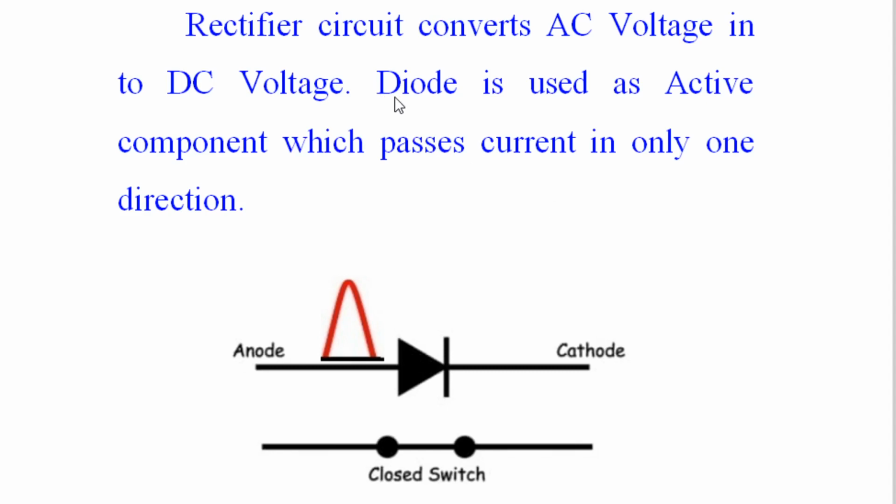So here the diode is used as an active component which passes current in only one direction, and here we have shown you the anode of the diode and the cathode of the diode. When the positive half cycle is going on at the anode of the diode, it behaves as a closed switch. It is a semiconductor component and it offers very little resistance, a few ohms. Therefore, we call it a closed switch.